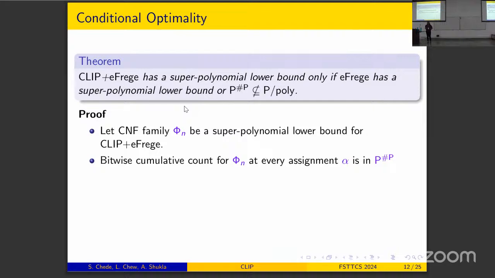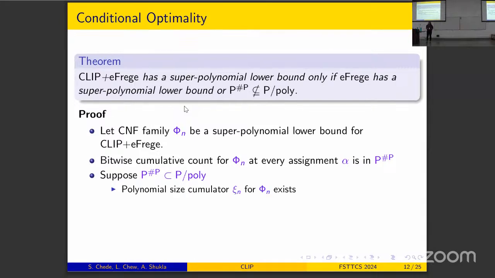That definitely is in P to the sharp P. Why? Because if you give an oracle to this, it will give you the whole answer, you just pick the bit you want, right? Now, suppose P to the sharp P is belonging to P/poly. What does that mean? That means a polynomial-size circuit will exist that will represent this function, right?